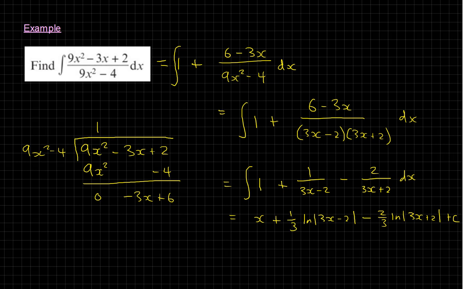So let's put that all together. That's equal to x plus, and in this case I'm actually going to take 1/3 out and then rewrite it this way. And if I take 1/3 out of this part, I'm just going to be left with 2. And then I can take that 2 and put it on the power of the ln. So let's change it that way.